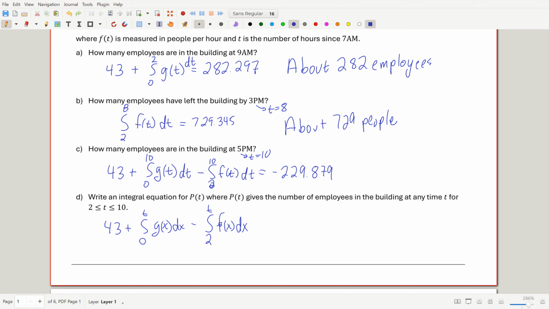T is between 2 and 10, so you're always going to be good because you'll always be integrating g from 0 to whatever your t value is, and you'll always be integrating f from 2 to whatever your t value is. And you can't put anything less than 2 in, so this isn't going to give you something that wouldn't be legitimate.